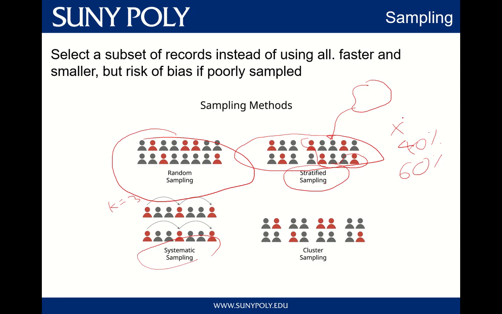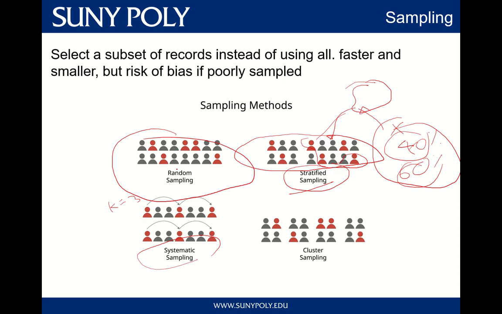So when you're doing the sample and it's a stratified sample, you want to ensure that in the sample you also have these 40 and 60, meaning that 40% of the families here have kids and 60% don't have kids. So the sample looks similar to the population.